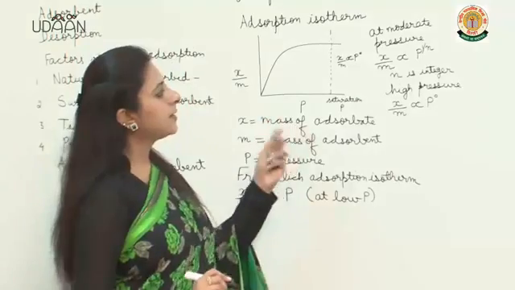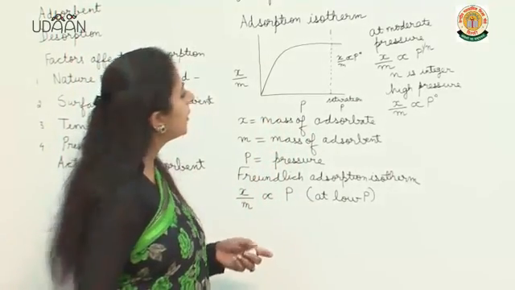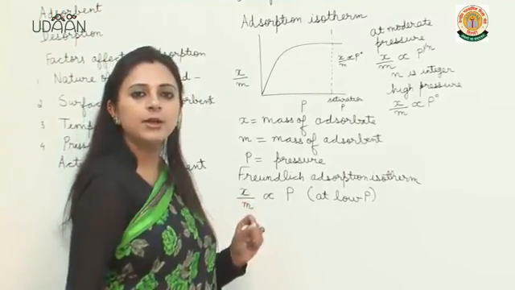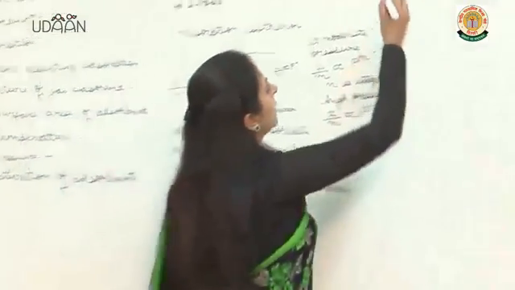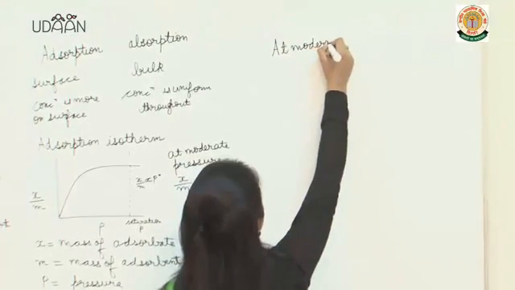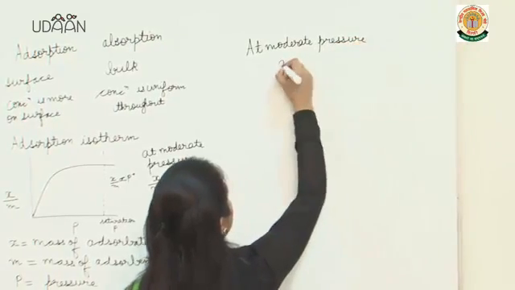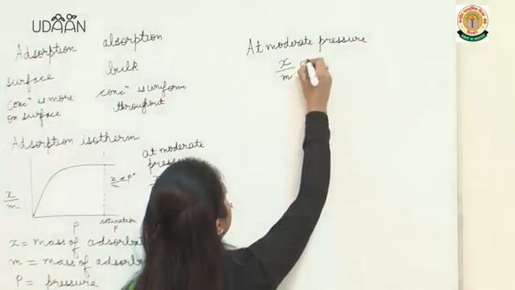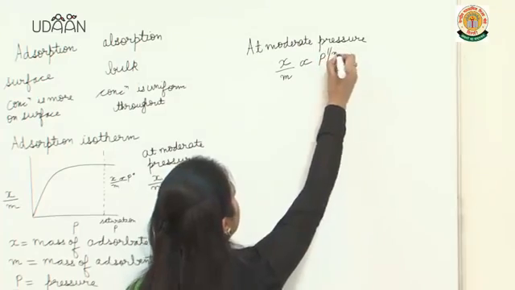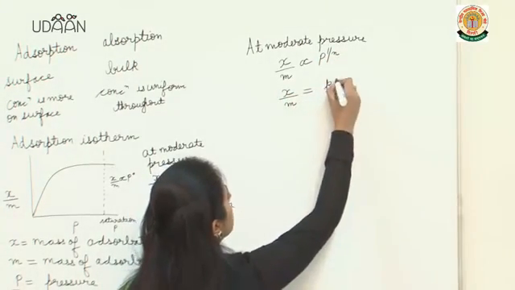Now, let us understand the graph at moderate pressure for Freundlich adsorption isotherm. What will happen at moderate pressure? As I told you, x by m is directly proportional to P raised to 1 by n. When I remove the proportionality sign, I get a constant.